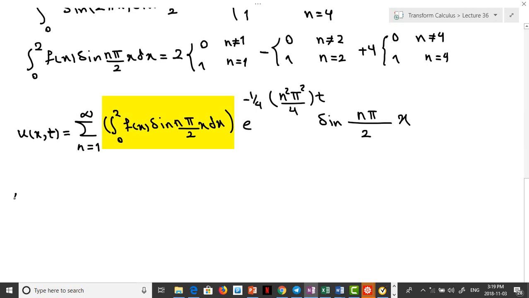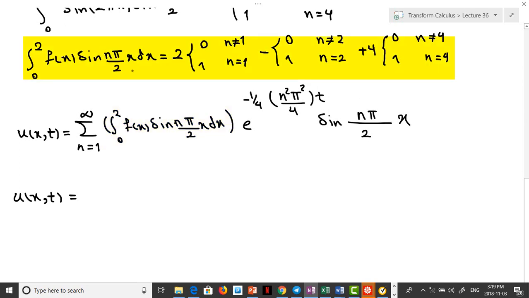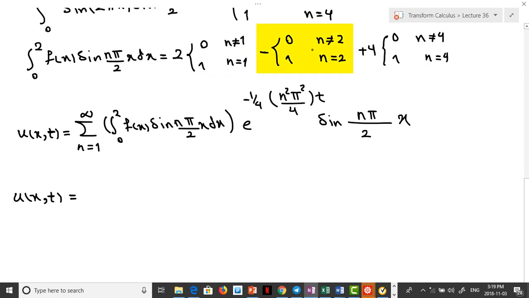So as a result, u(x,t) is equal to, if n is equal to 1, what's this integral? If n is equal to 1, you can see that the integral is equal to, in this part we have 2 times 1 is 2, and here if n is equal to 1, the function is equal to 0. In this part again it is equal to 0.